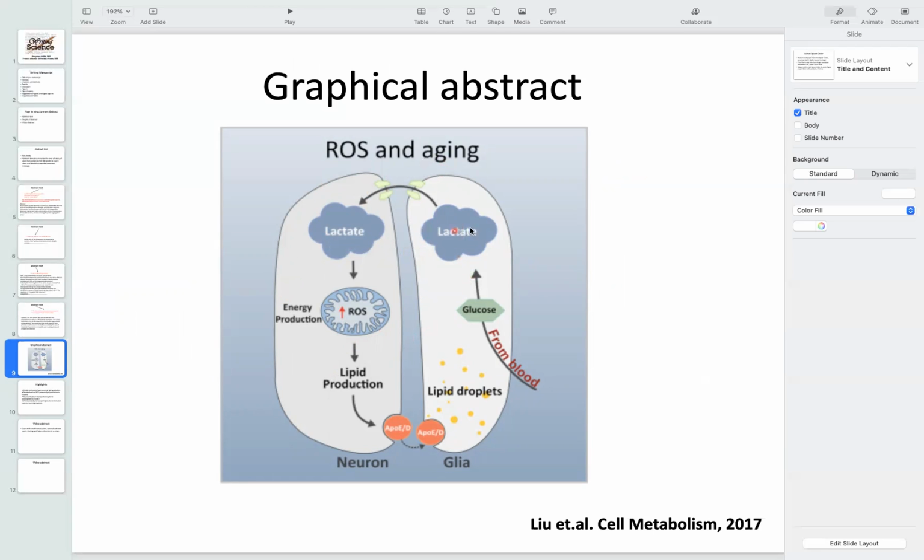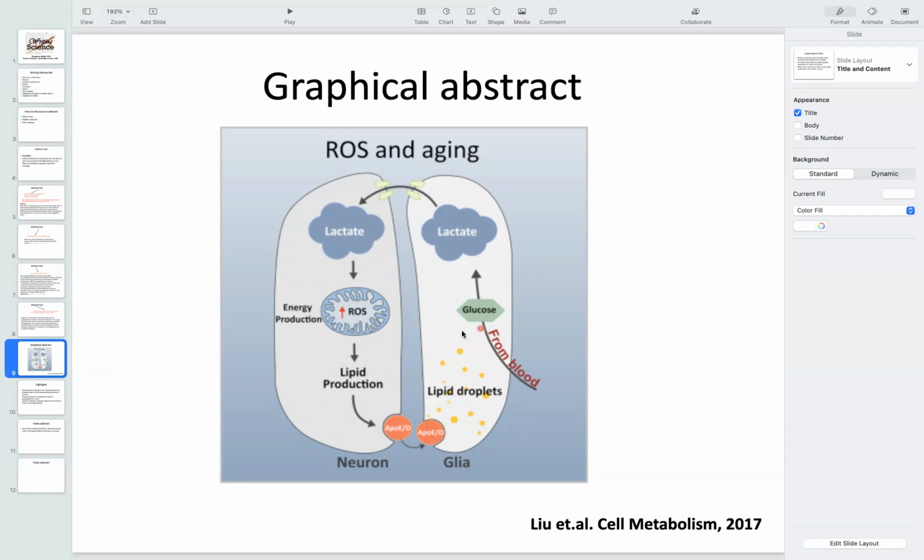Okay. So here, the glia produce lactate, and lactate is transported to the neuron, and because of the excess lactate, it produces more ROS, and ROS induce lipid production, and lipid is transported to the glia through this receptor, and this is how you briefly show your finding.